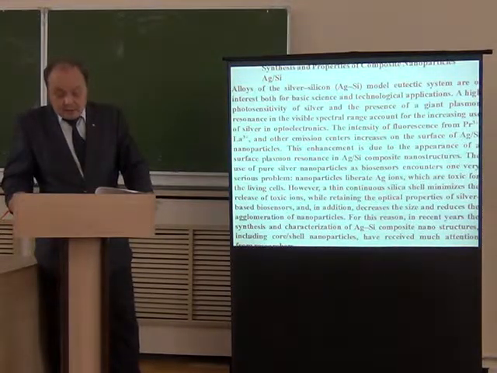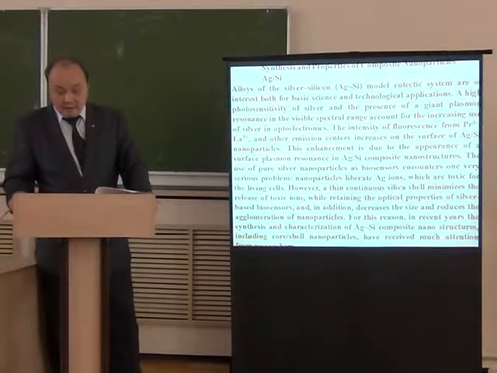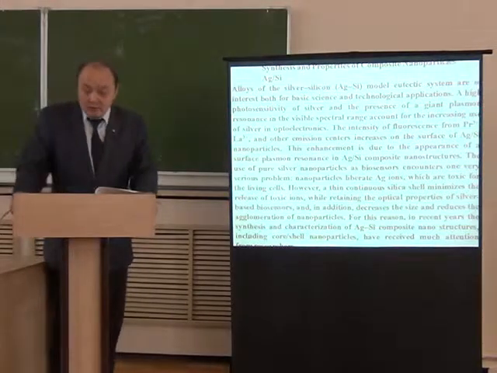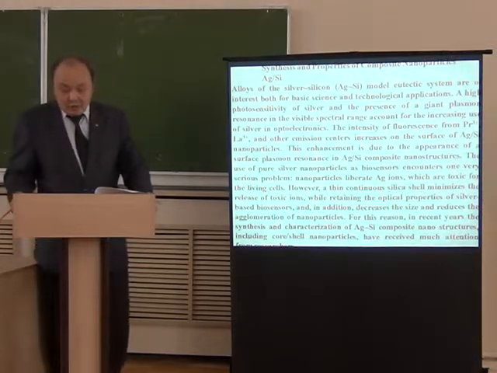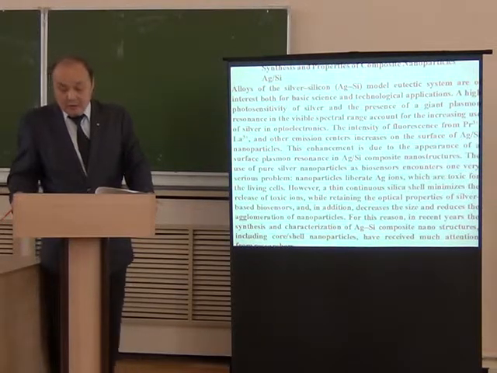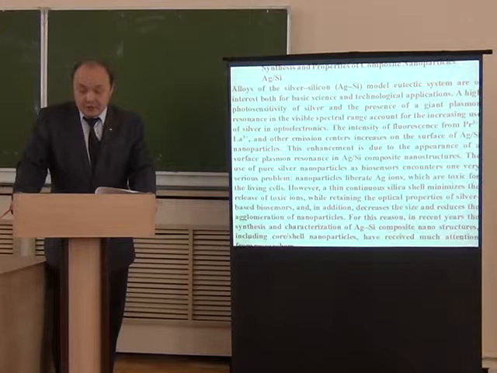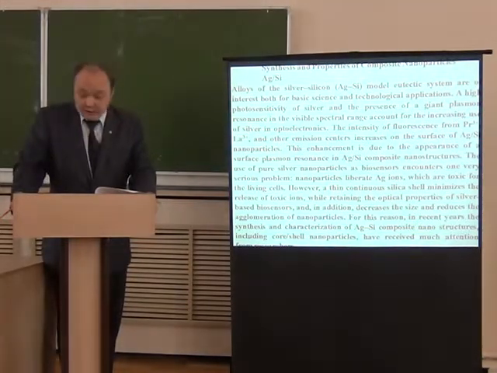Nanoparticles liberate silver ions which are toxic for living cells. However, the thin continuous silica shell minimizes the release of toxic ions while retaining the optical properties of silver-based biosensors, and in addition decreases the size and reduces the agglomeration of nanoparticles.